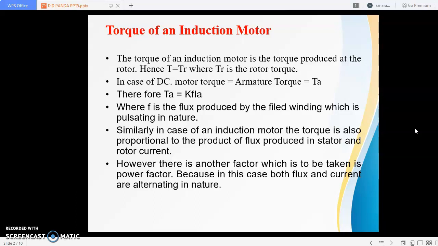However, there is another factor to be taken into account, which is the power factor, because in this case both flux and current are alternating in nature, and of course we are dealing with AC machines. So power factor is to be considered.